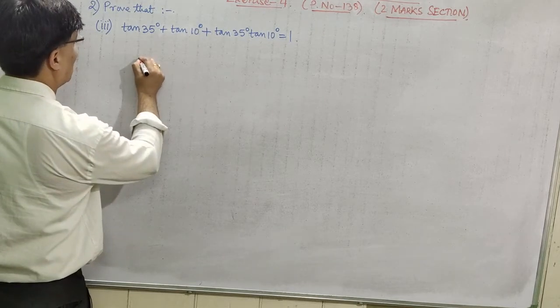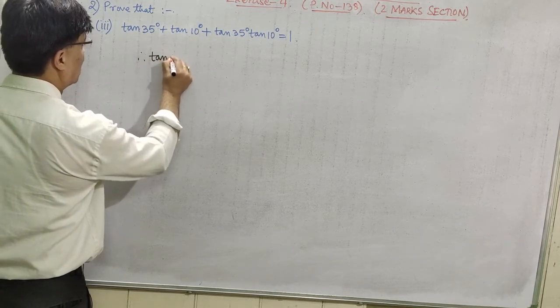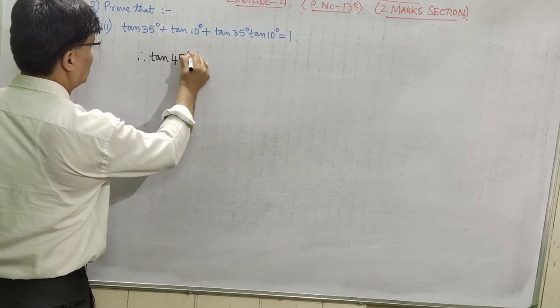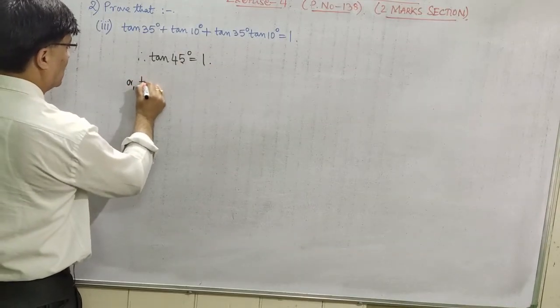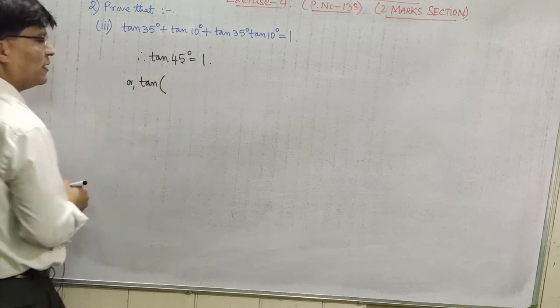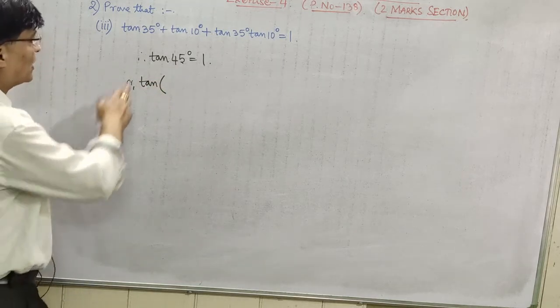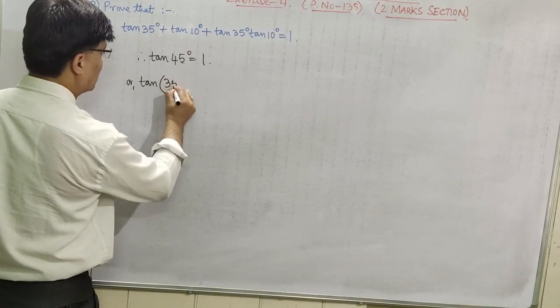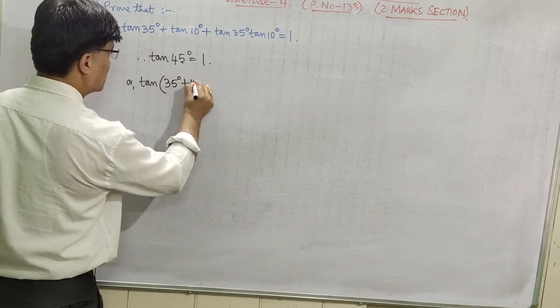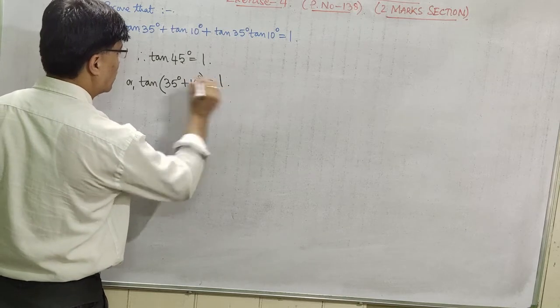Okay? So now we know that tan 45 degree is equal to 1. Now this 45 degree can be written as 35 plus 10 degree. So here you can write down tan of 35 degree plus 10 degree is equal to 1.